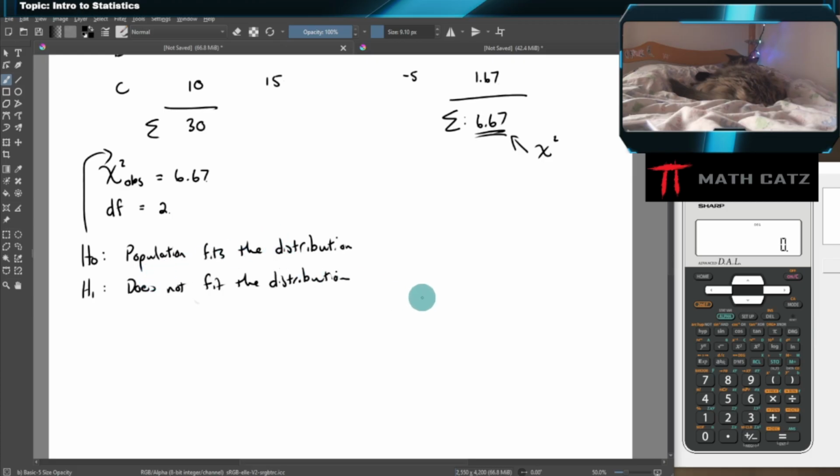So let's visualize here our chi-squared distribution, like so. Get a little graph going here. So I'm observing a 6.67.